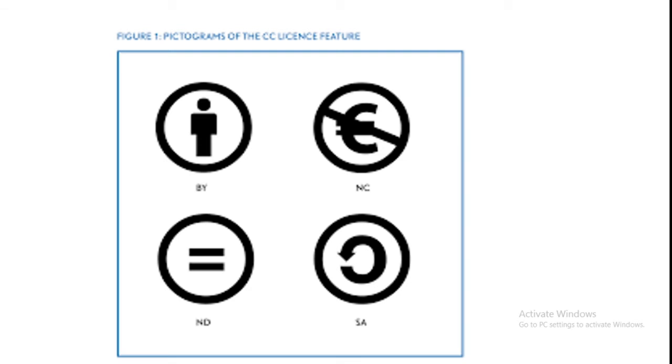Now, these are the four symbols related to Creative Commons licensing. This is the default symbol, BY.